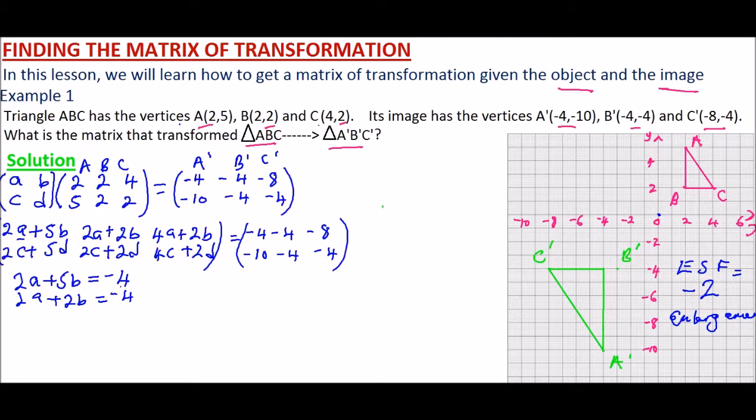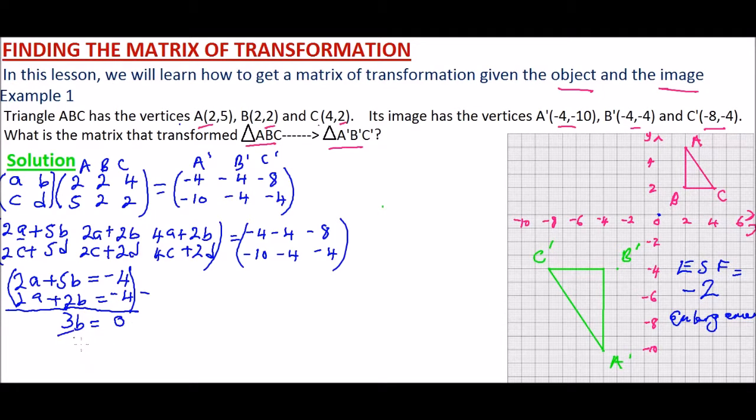Now we want to form simultaneous equations, and we solve them by eliminating a, because we have 2a and 2a, we subtract. So 2a minus 2a is 0. 5b minus 2b is 3b, which is equal to minus 4 minus minus 4, that changes to positive, so that will give us minus 4 plus 4, which is equal to 0.